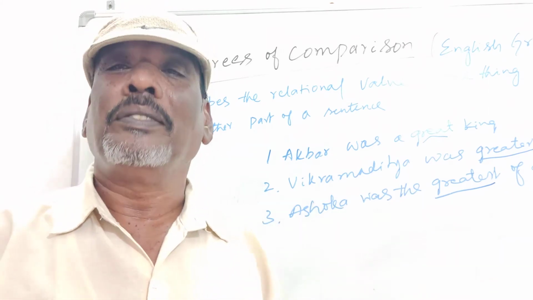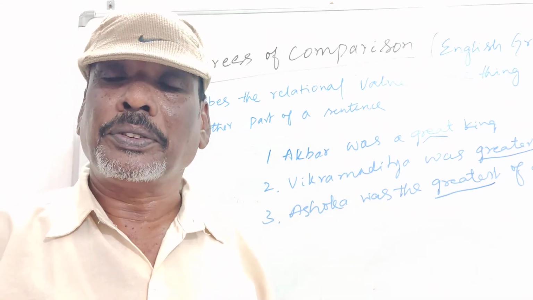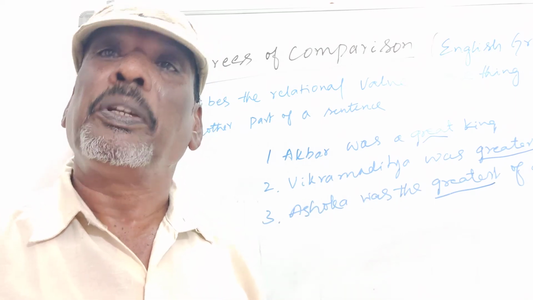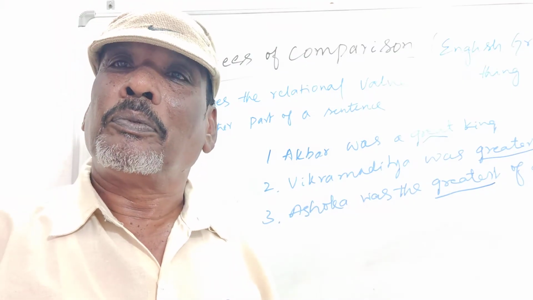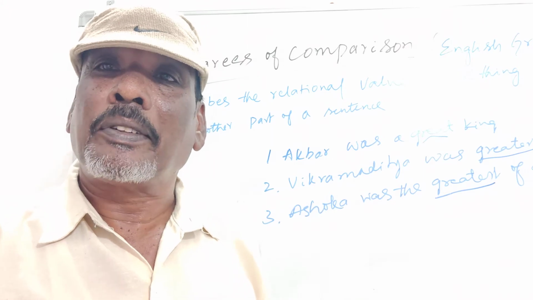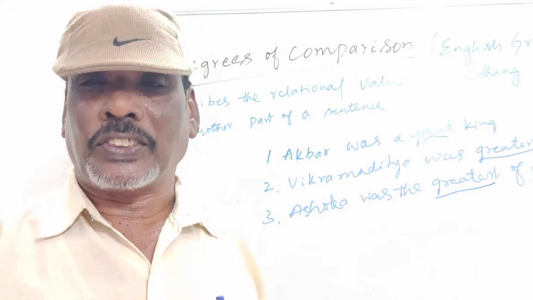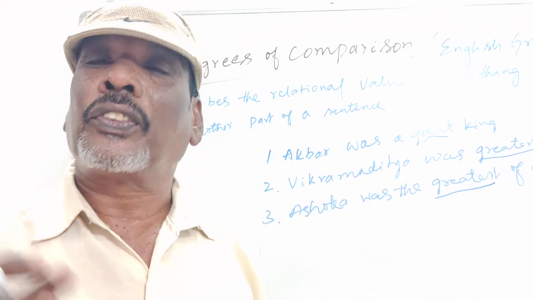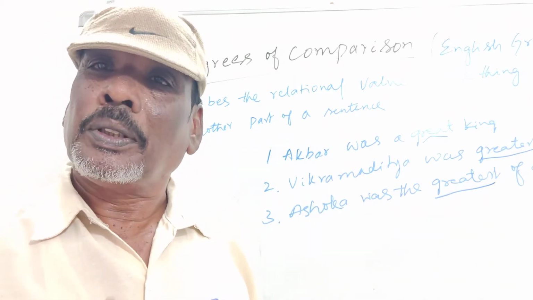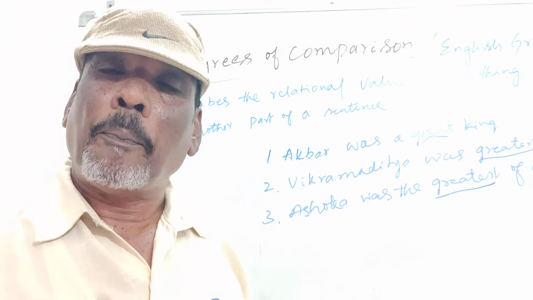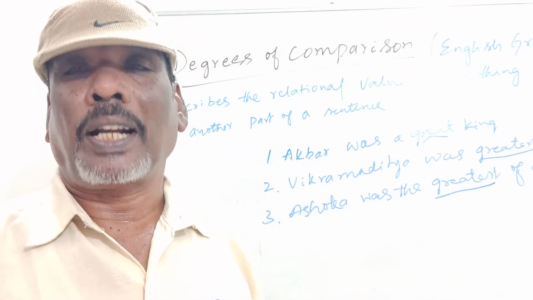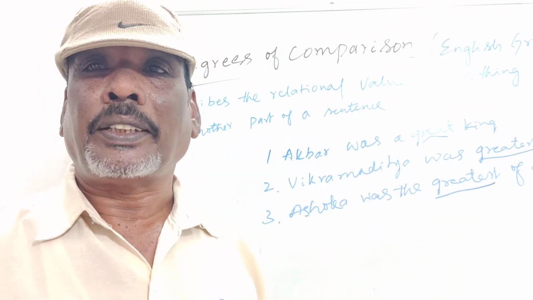And there are other adjectives which may not be like that. For good, it is not good, gooder, goodest. It is good, better, best; bad, worse, worst. So, positive degree, comparative degree, and superlative degree. Got it?